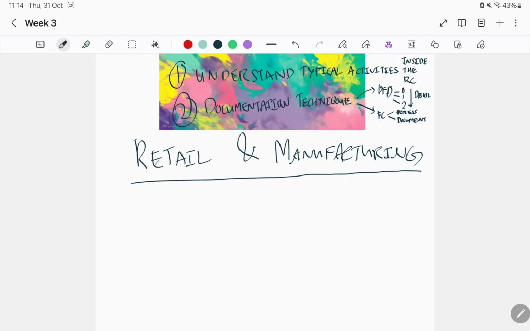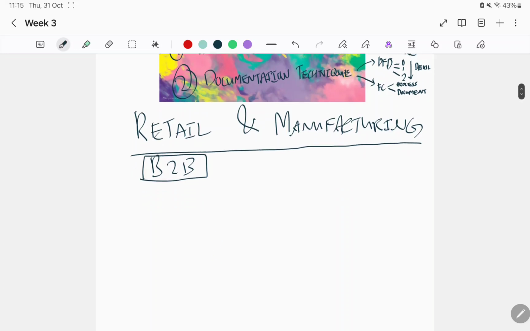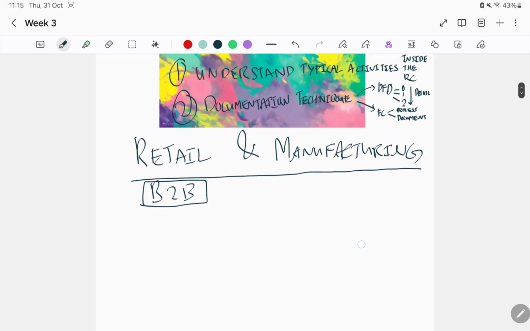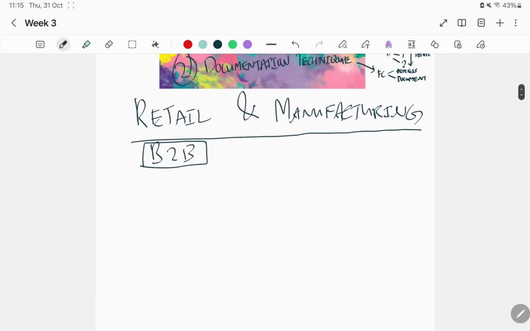Assuming business to business, you are a retailer that sells goods to other businesses. So there will be more constructive activities that reside inside the revenue cycle. It will be very long, so I want to go through it very fast.